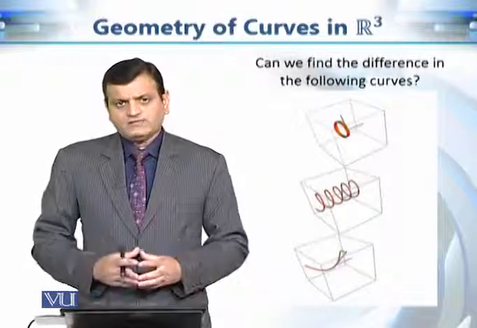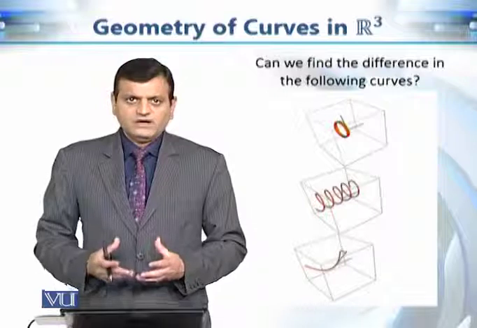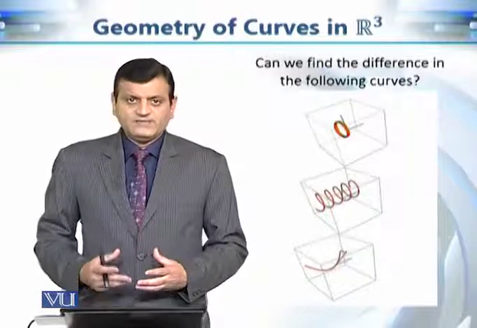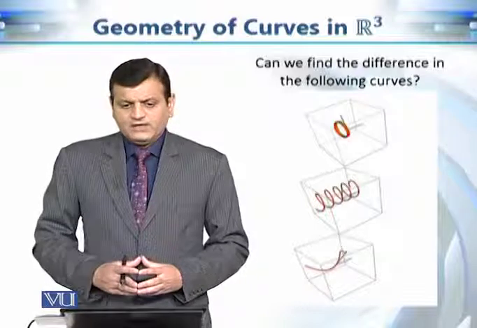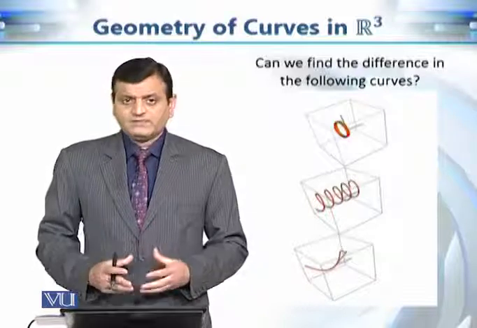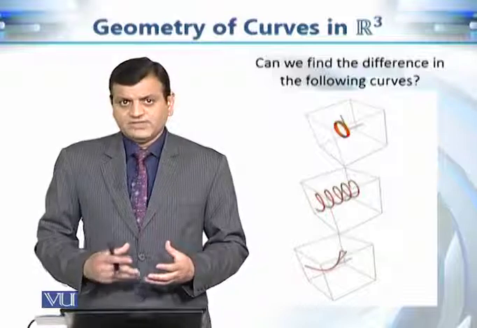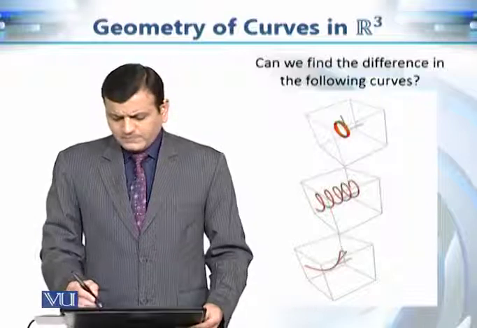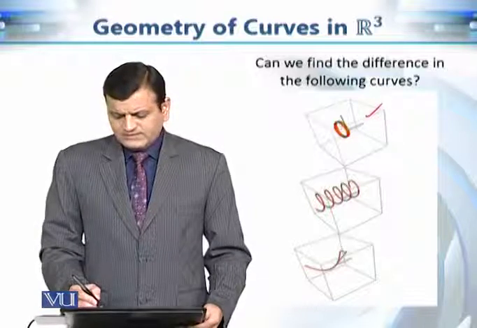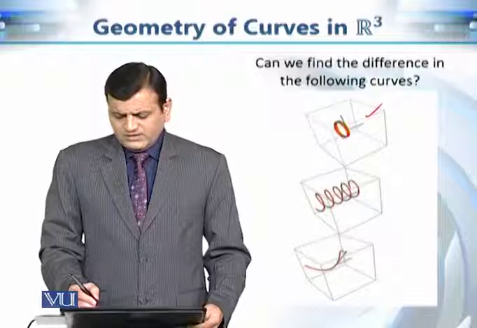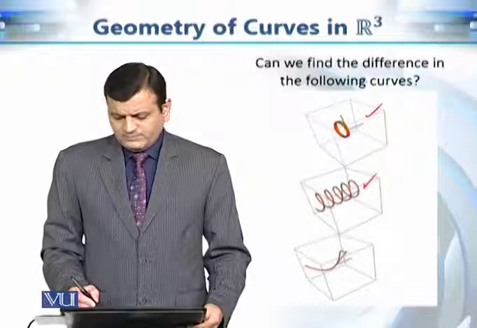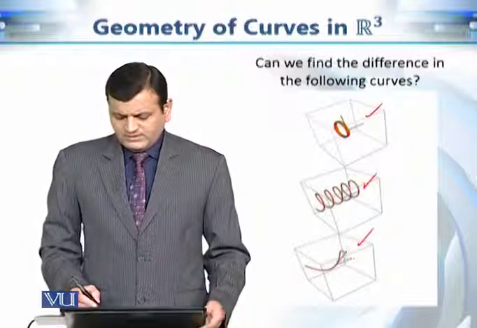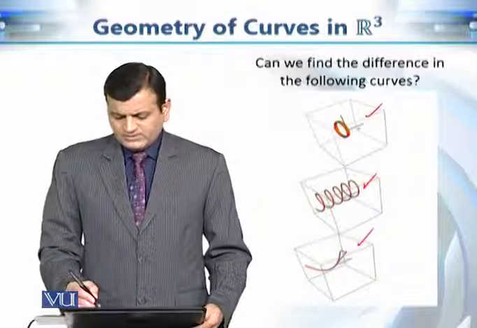Now on the screen we can see three different curves of R3. The aim is to find some mathematical measure that can differentiate between these three different curves. In the first case, you can see that the curve is turning very fast, but in the second example, it's not turning very fast, and in the third example, it is a bit slower than the other two.